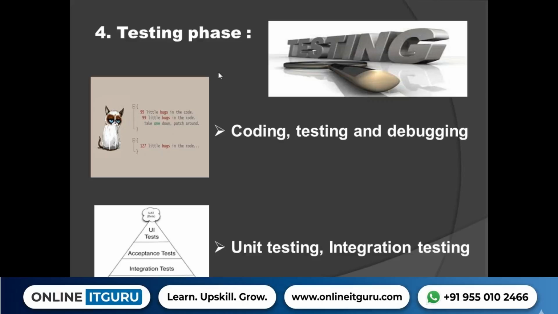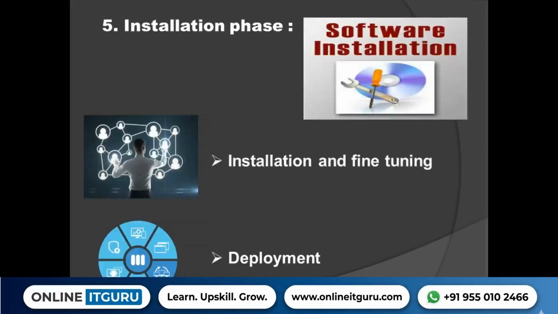Then the next one is the installation phase. Installation is nothing but moving the code to production for the first time. The main activities we are going to cover here are installation, fine tuning and deployment.